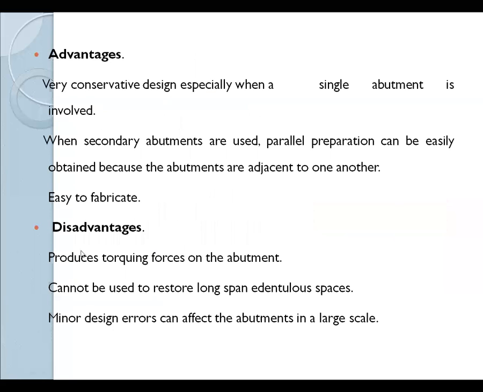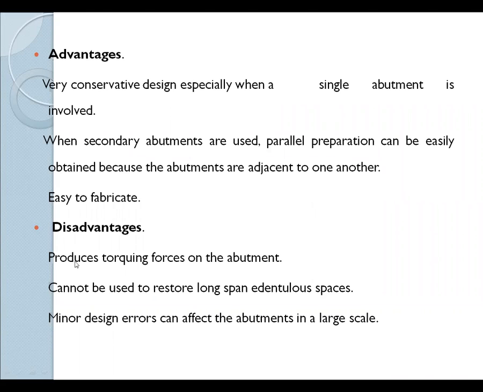Advantages are a very conservative design, as we are only preparing one tooth. Then, when secondary abutments are used, parallel preparations can be easily obtained because the abutments are adjacent to one another, and it is easy to fabricate.